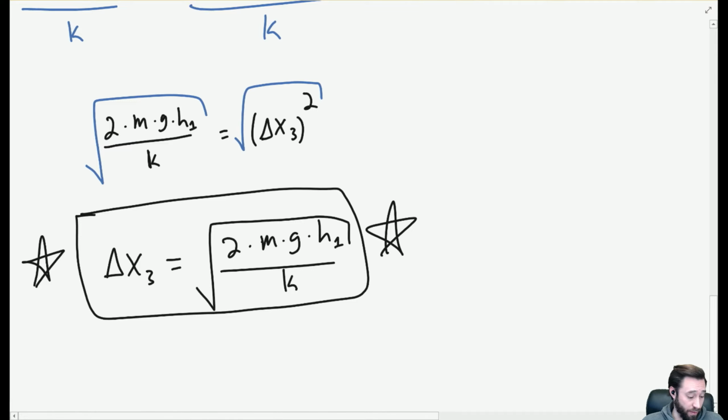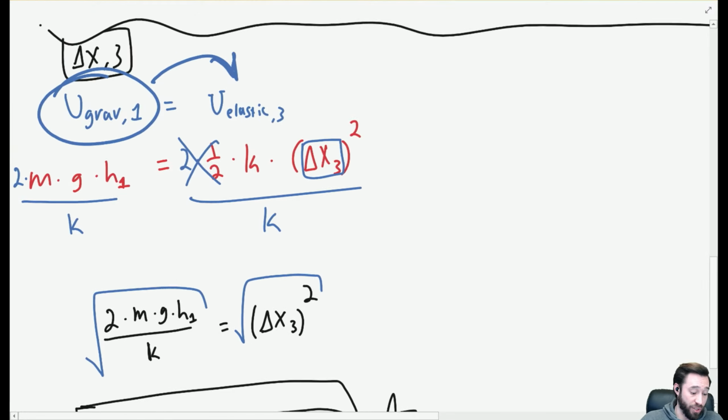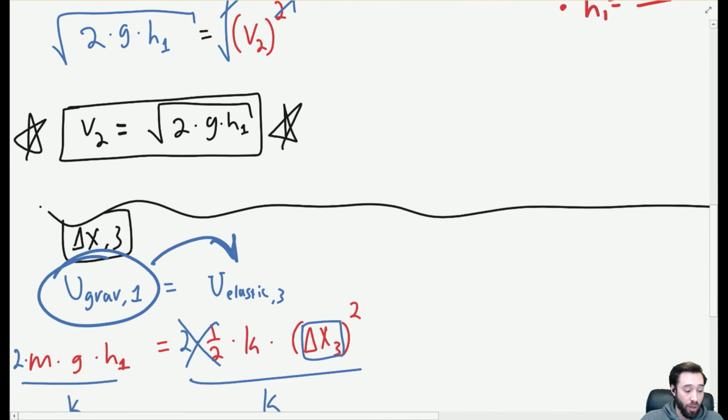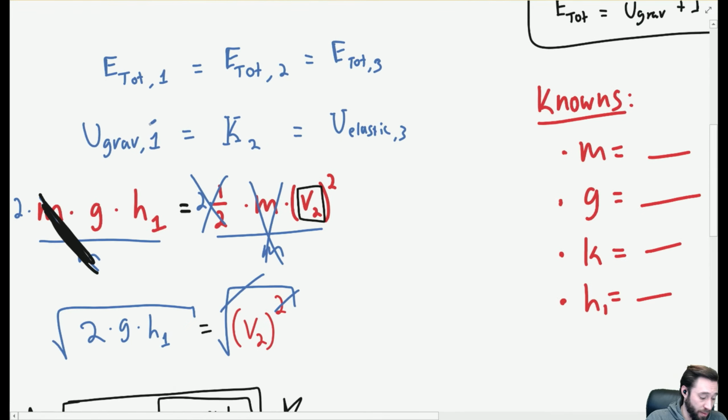Is it always going to be V2 or is there a V3? So the V2, V3, H1, these subscripts indicate what state it is. Okay.